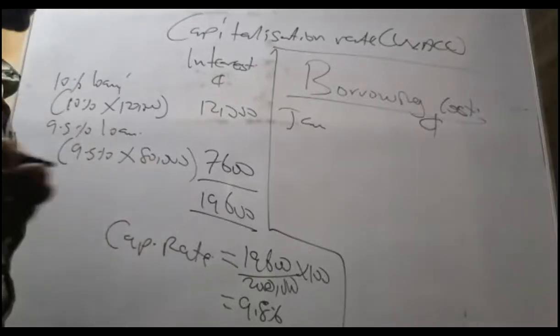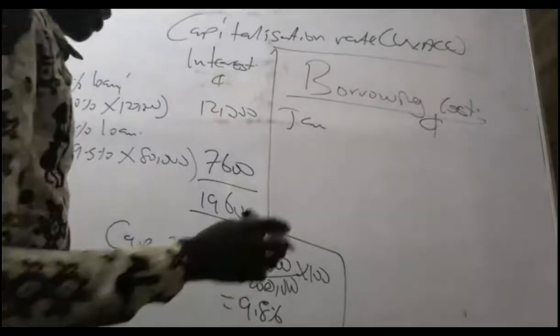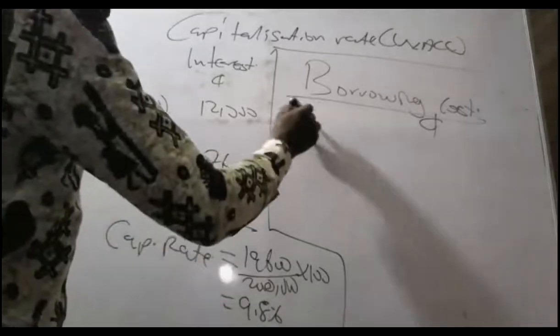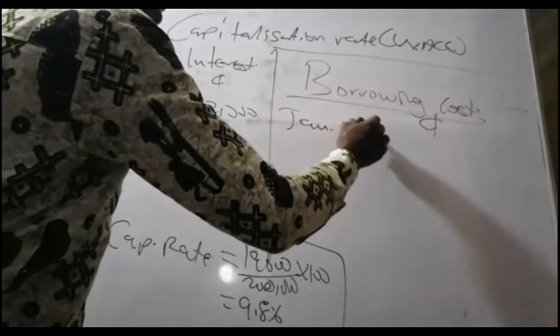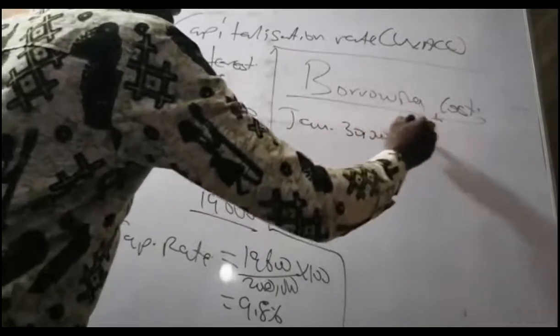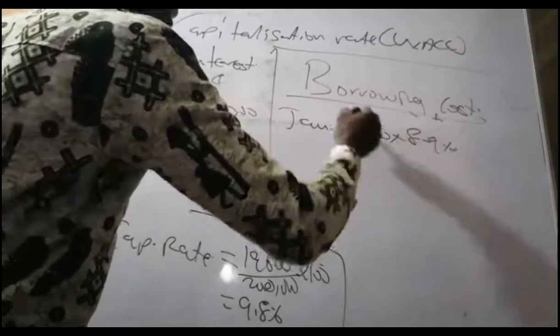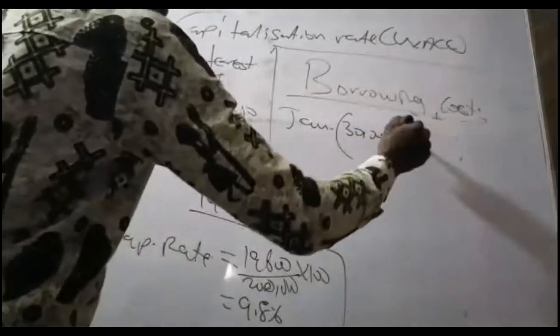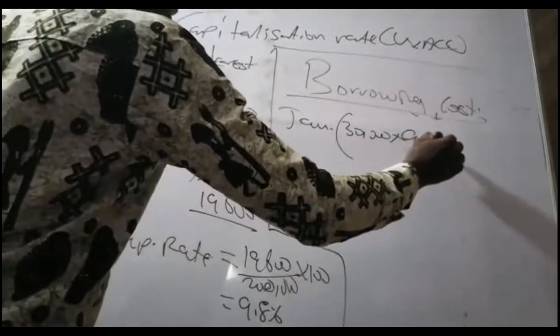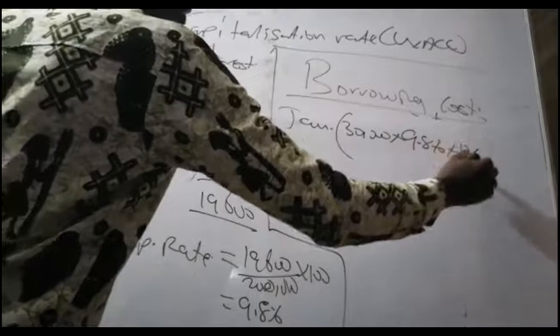No. If you want to invest, the funds will not be idle. So go and invest it. So January, they pick 30,000. So it will be 30,000 times 9.8% times 12 out of 12.